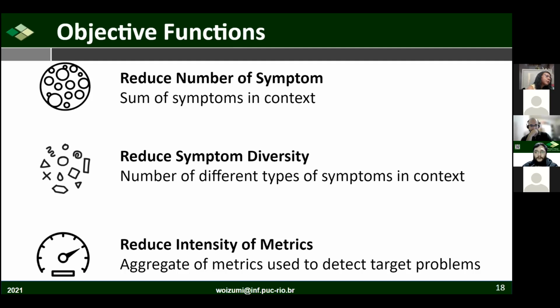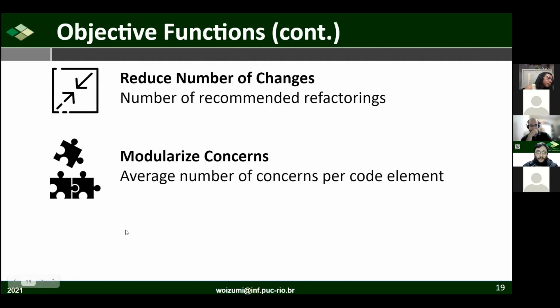And also we have another objective which is related to metrics. The idea here is that in some cases we may not be able to fully remove the symptoms, but we may be able to reduce their intensity. So we will evaluate this through the related metrics.